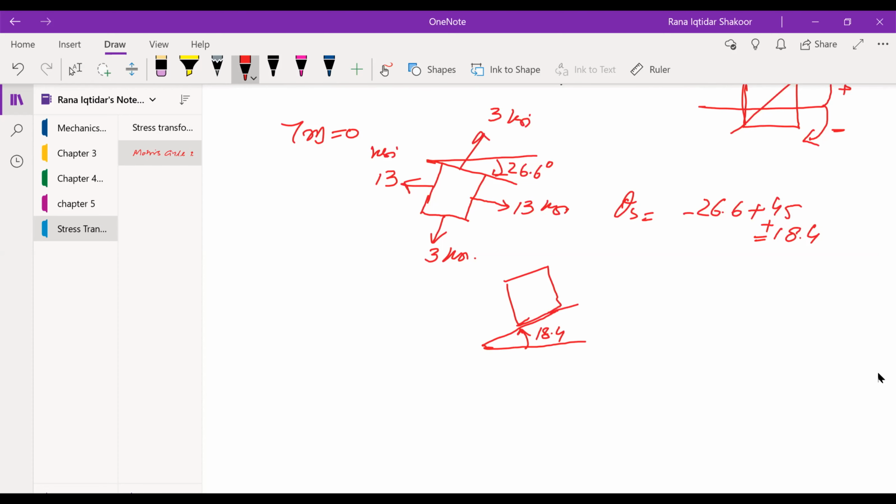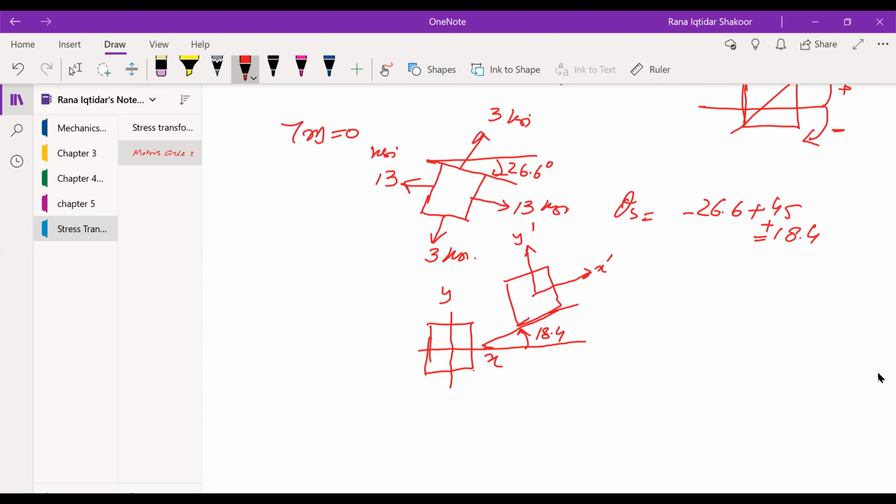The original segment was like this one. Now you are rotating it in this particular direction. This was x, y; in this case it will be x prime, y prime, at 18.4 degrees according to that, right?